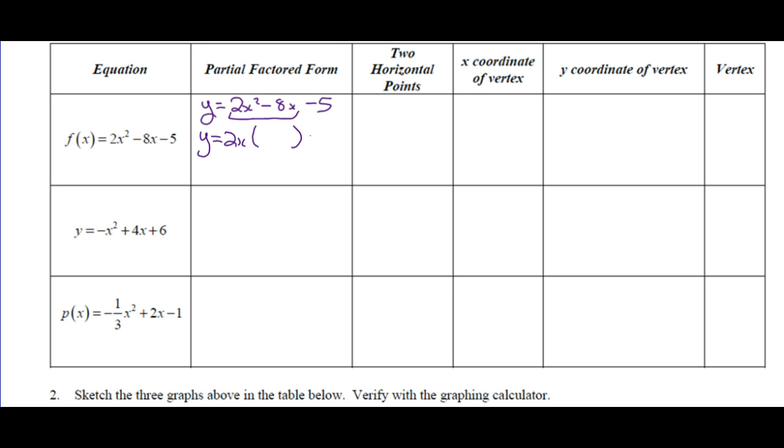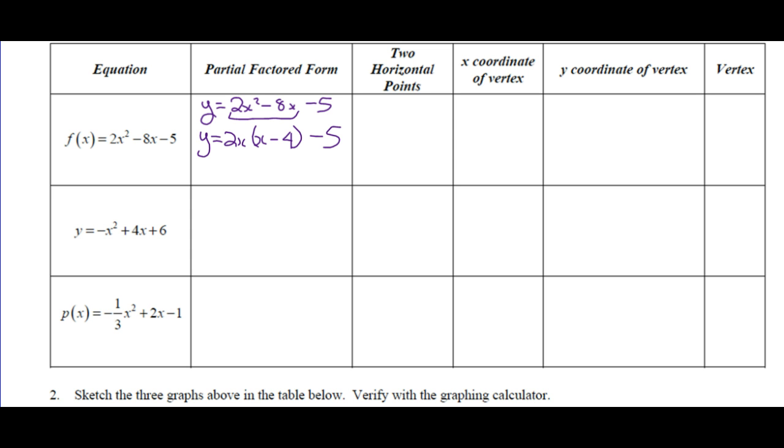And then I need a bracket with 2 terms in it. So what goes in here so that if I take 2x times this, I'll get this. So I get x minus 4. Okay, just run a quick check on that, right? 2x squared minus 8x. Okay, good. Minus 5, right? The minus 5 is just along for the ride.